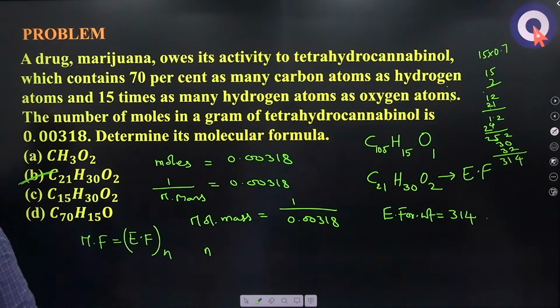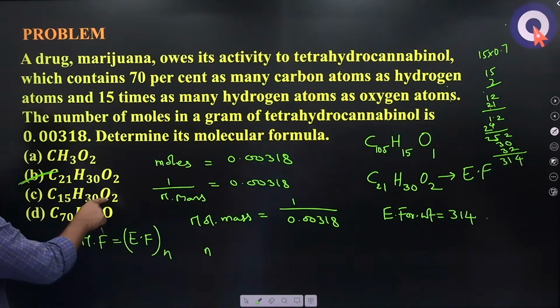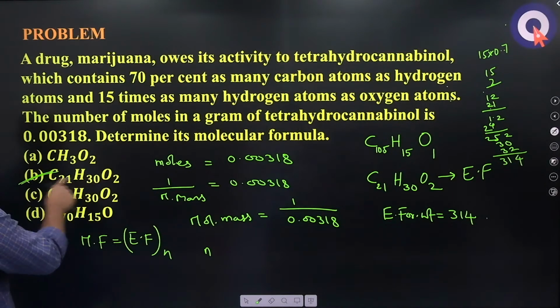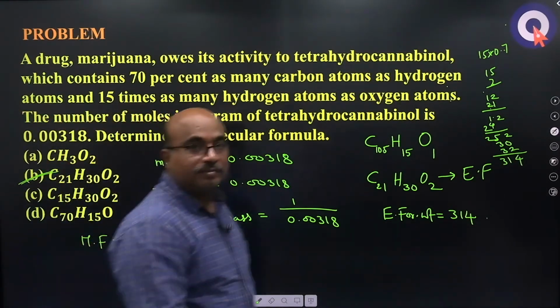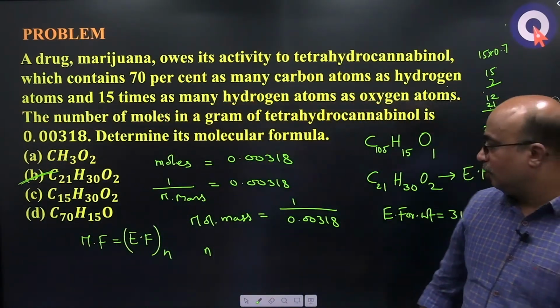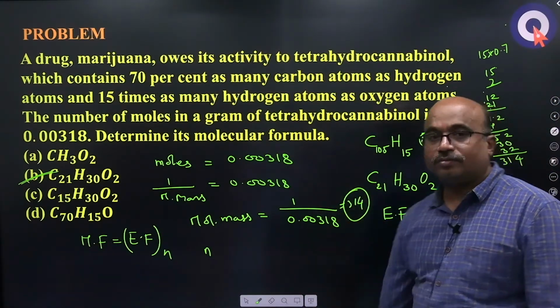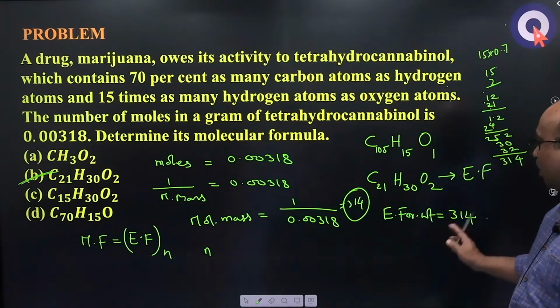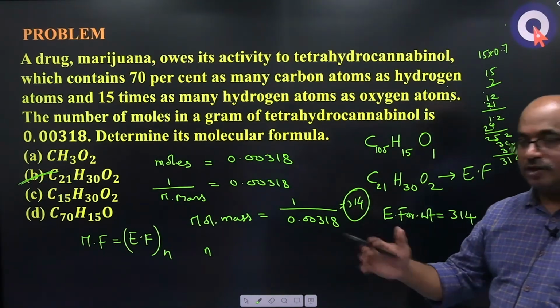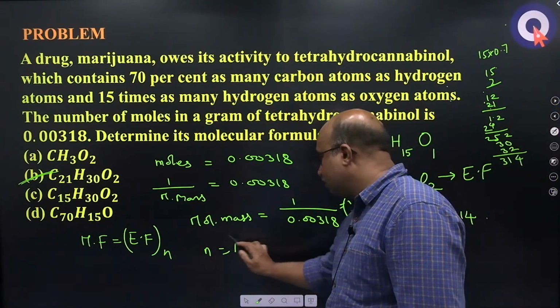So this is the only relation that satisfies. You may get 340 now. So the empirical formula and molecular formula are the same. n is equal to 1.